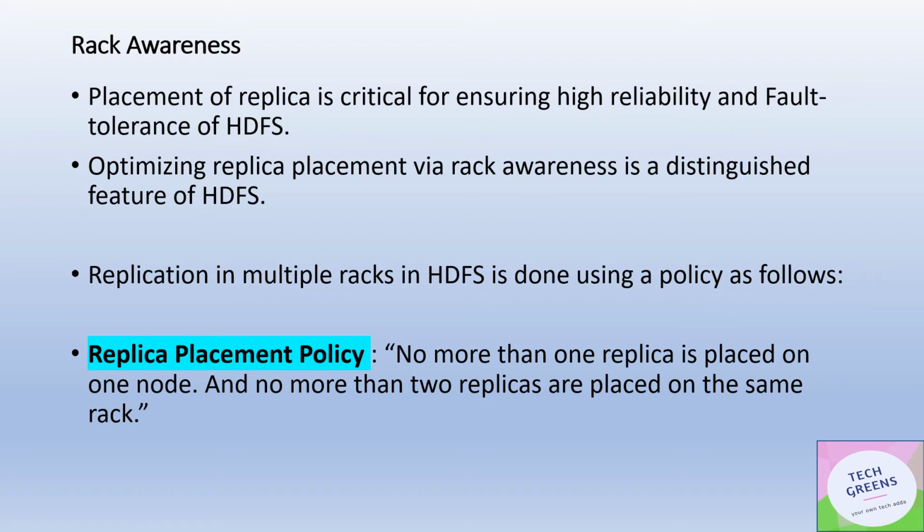So we make sure that at least one replica will go to another rack, so that, as we have discussed, if the entire rack goes down, the data is still available on another rack. This whole placement management of replicas in Hadoop is called the replica placement policy.